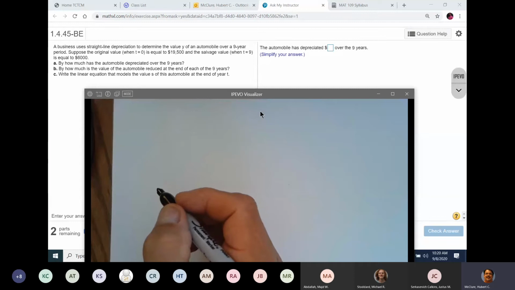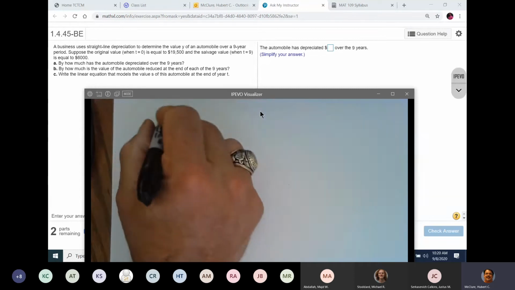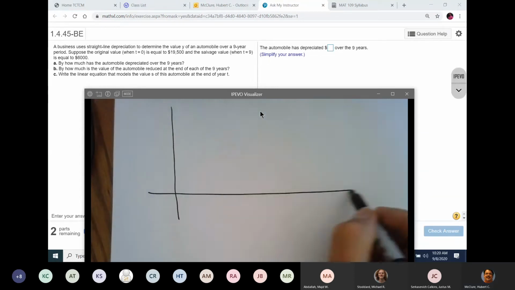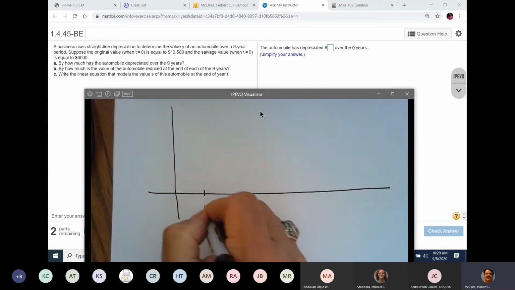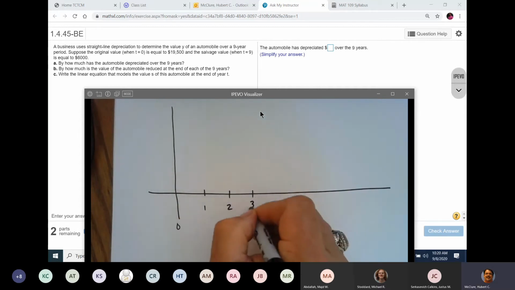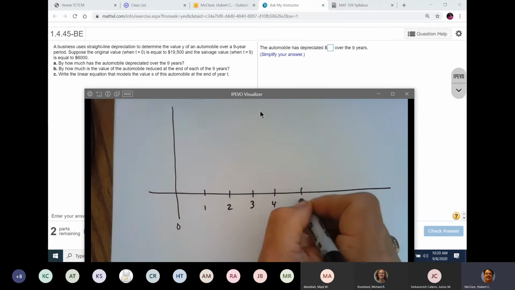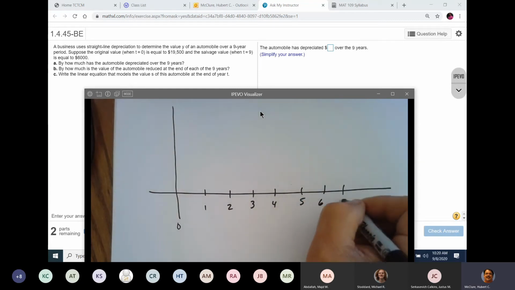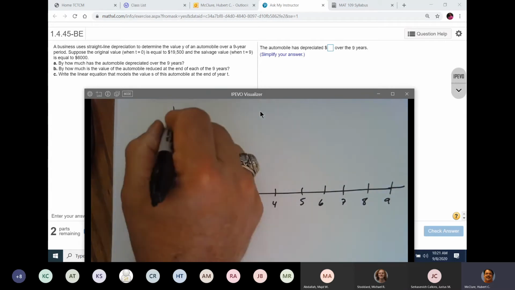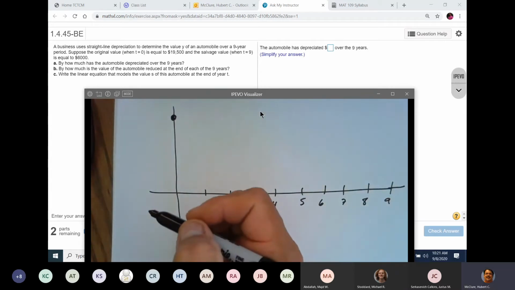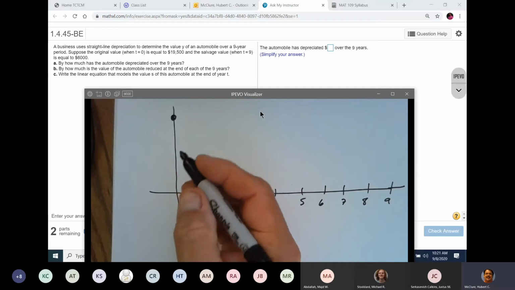All right, so draw a picture. We know that this is 0, 1, 2, 3, 4, 5, 6, 7, 8, 9. And we know that this point is 19.5.